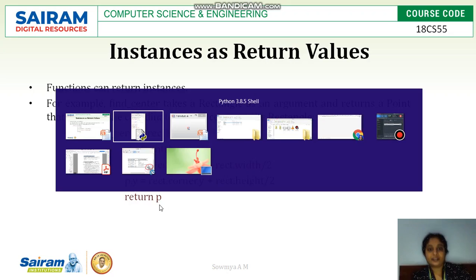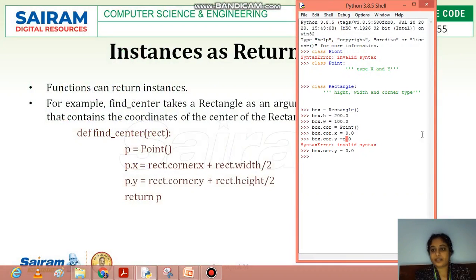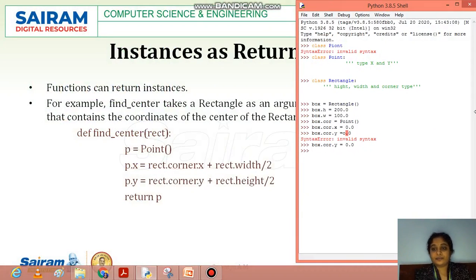So if I take the execution window, then define find_center. We are passing box in this case as an object.